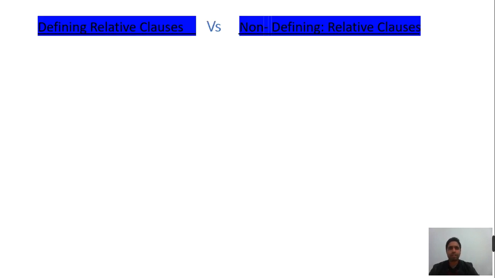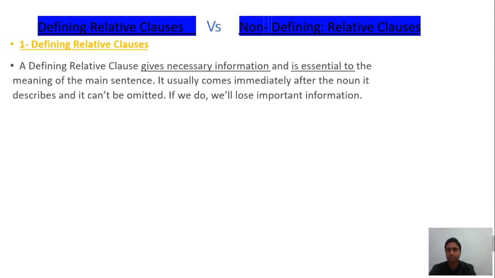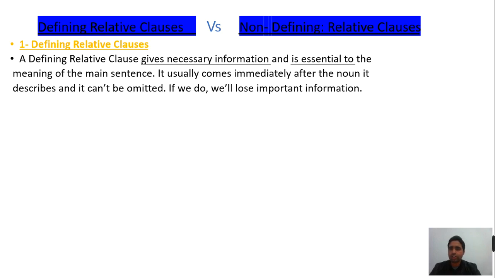Now, let's see the differences between the two types of clauses, defining or non-defining relative clauses. Let's start with the first one, defining relative clauses. Now, a definition could be here. A defining relative clause gives necessary information and is essential to the meaning of the main sentence.